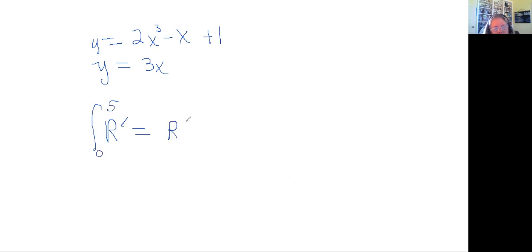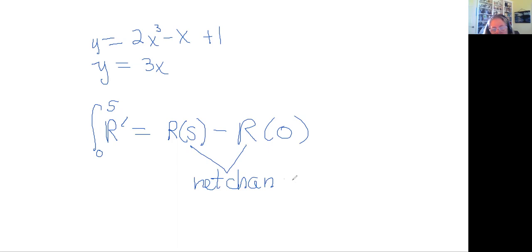So you get R. So you get R of 5, upper limit, minus lower limit. What this represents is what they call the net change in revenue. It's how much the revenue went up from time 0 to time 5. So in 5 years, all right? Net change in revenue from t equals 0 to t equals 5. So understand that net change is how much it went up or down, hopefully up.